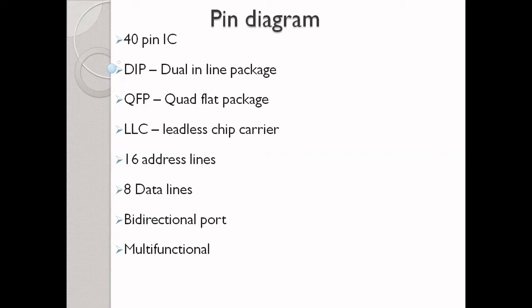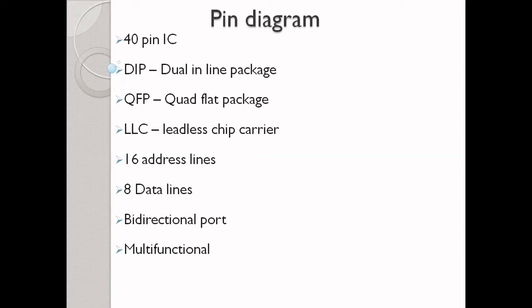For example, switch, keyboard, dot matrix keyboard, mouse, sensor, these are called input devices. Output devices are motor, display, 7-segment display, CRT display, LED display, graphical LCD. Next, relay, and touch screen as an input device. These are some input and output devices.